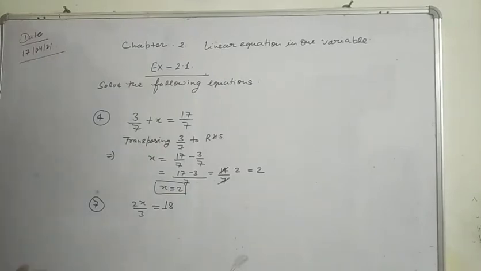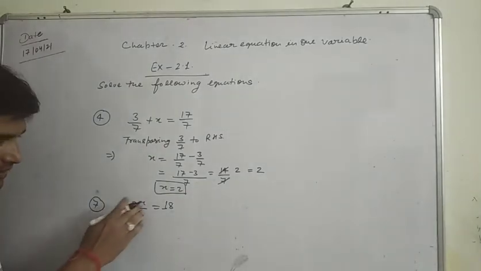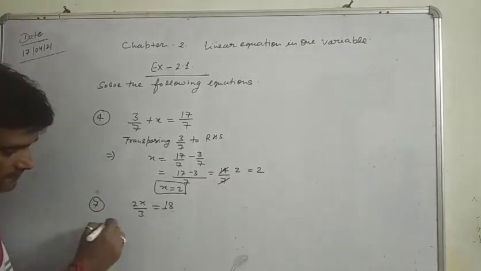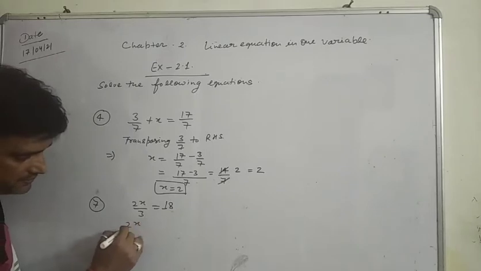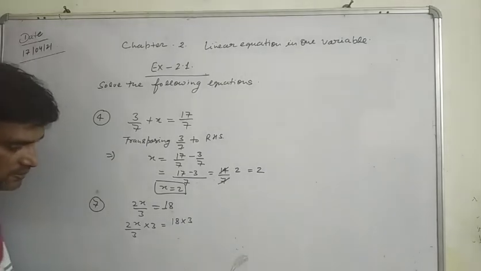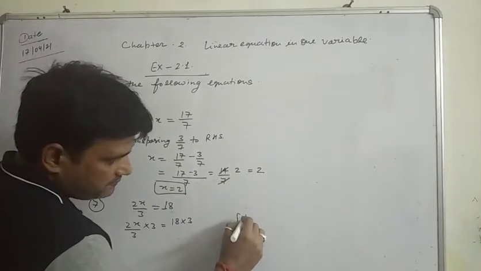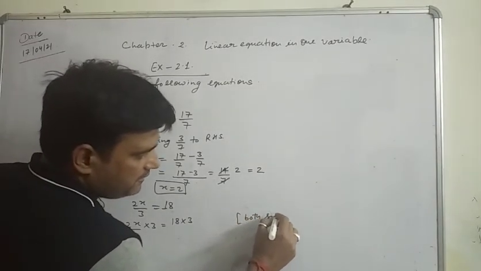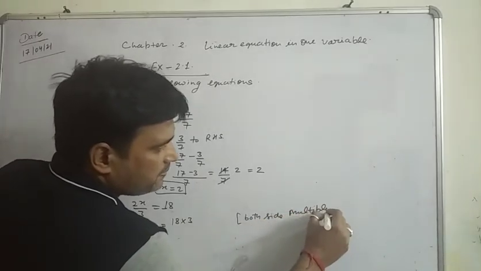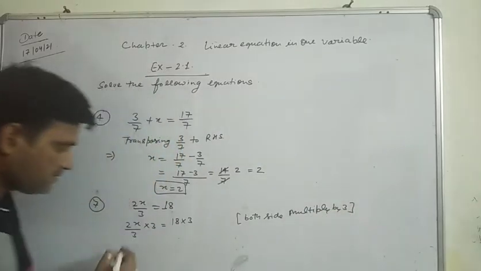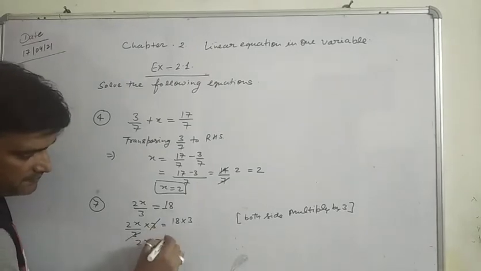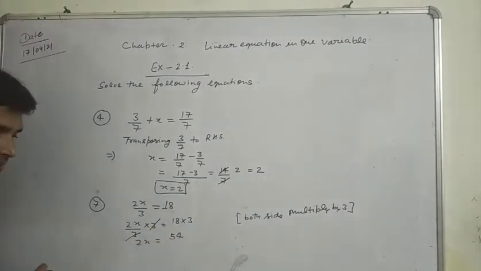Now we solve question number 7. 2x/3 = 18. LHS part, RHS part. Here you have 2x/3, multiply both sides by 3. 3 cancels out by 3. 2x = 54. 18 times 3 is 54.